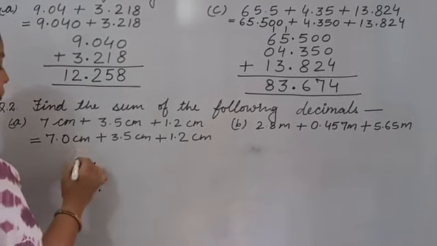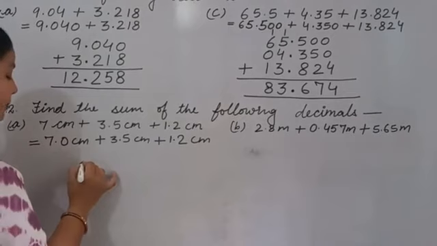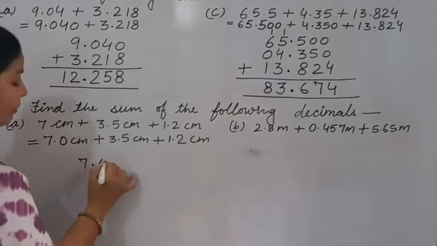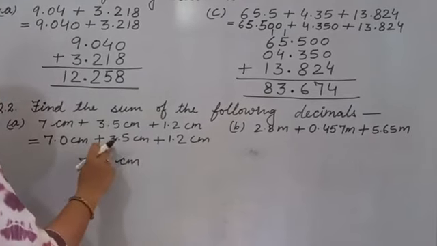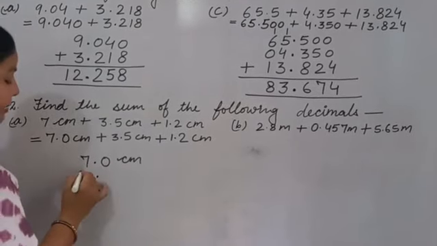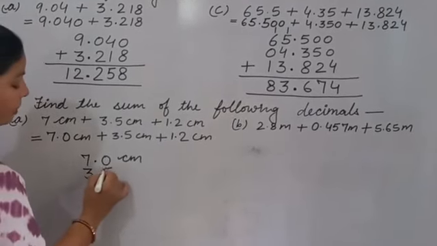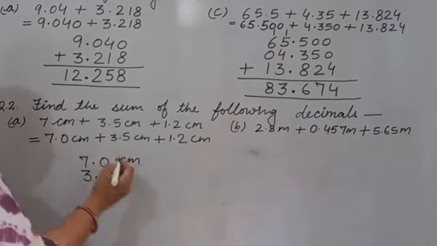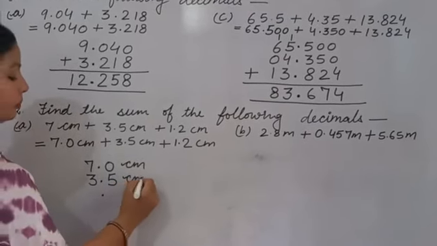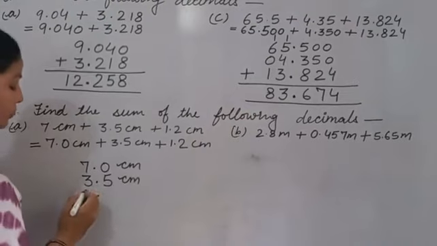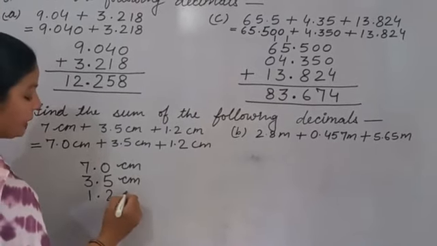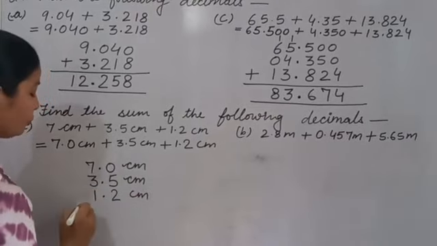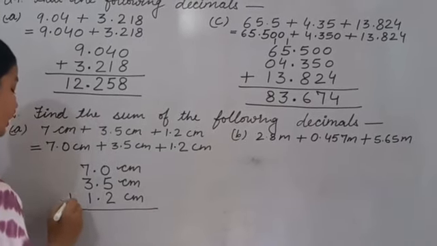Now 7.0. Before decimal we have 7 and after decimal we have 0. That's centimeter. Now 3.5. Before decimal 3, after decimal 5, centimeter. Now third number 1.2. Before decimal 1 and after decimal 2. That's centimeter. Now we will do addition.